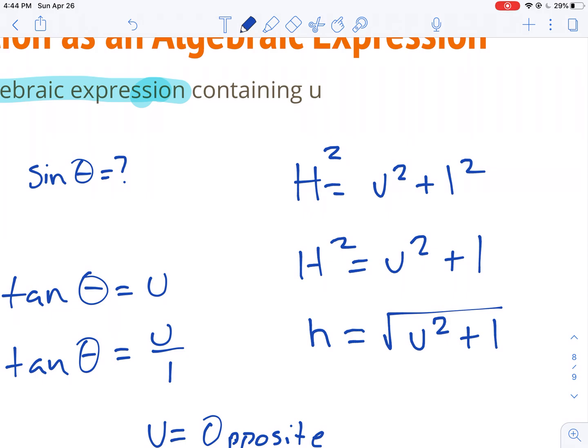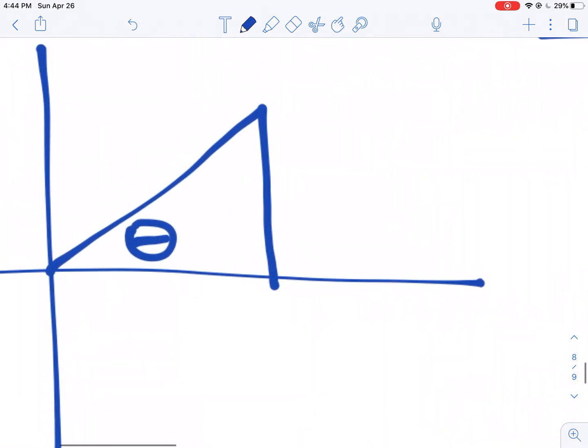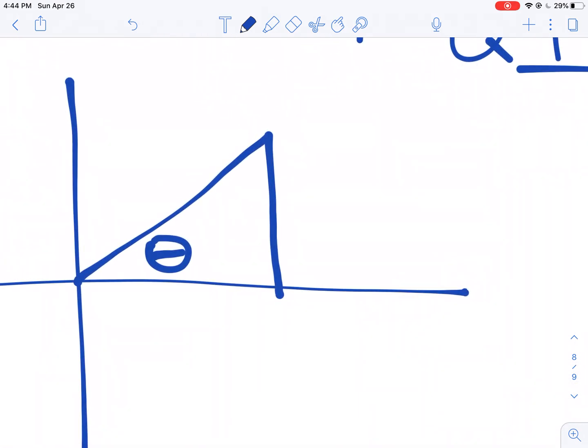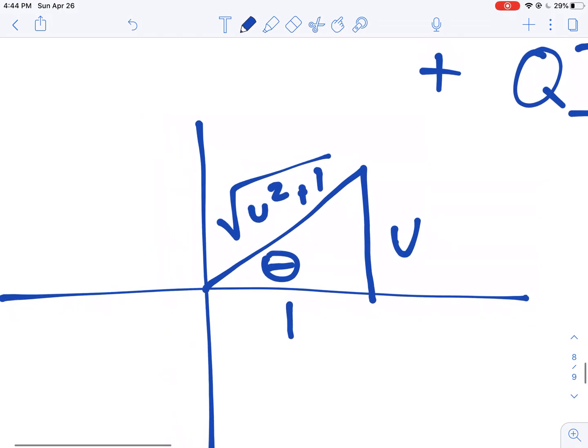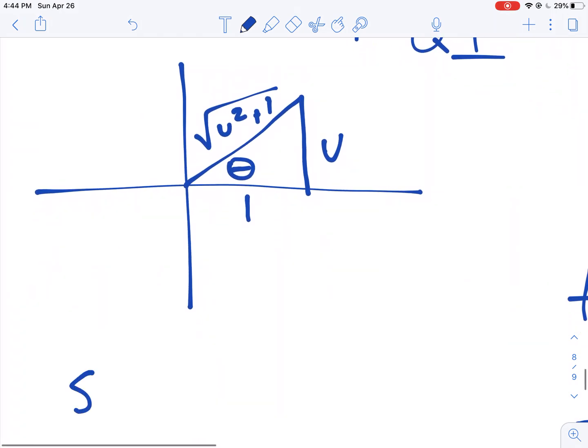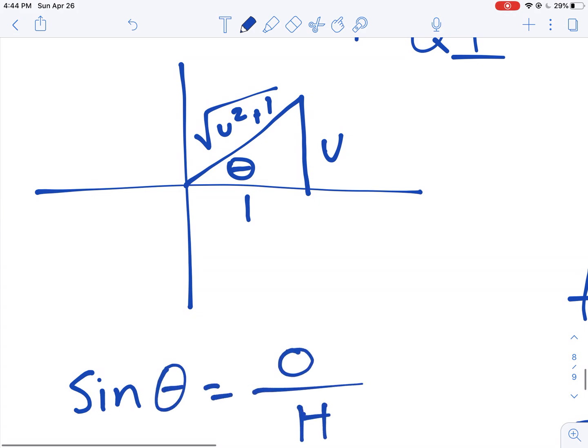But what I can now say is that I've got this side of my adjacent 1, this opposite of u, and this as the square root of u squared plus 1. I can still say that my sine of theta is going to be equal to my opposite over my hypotenuse.